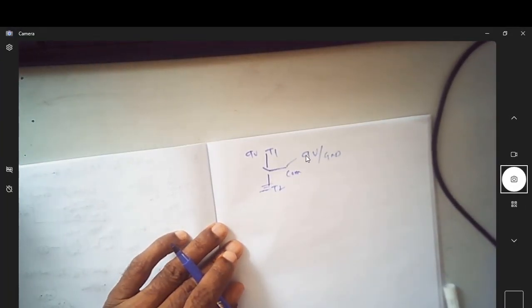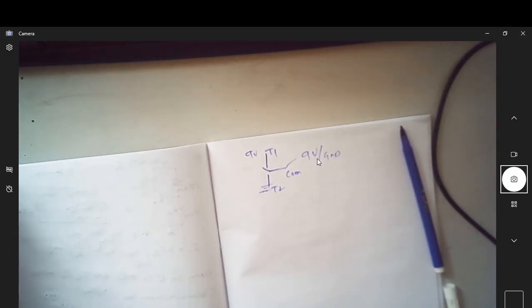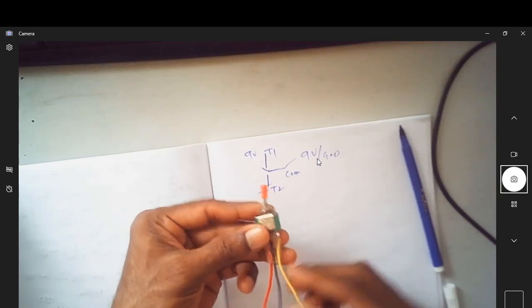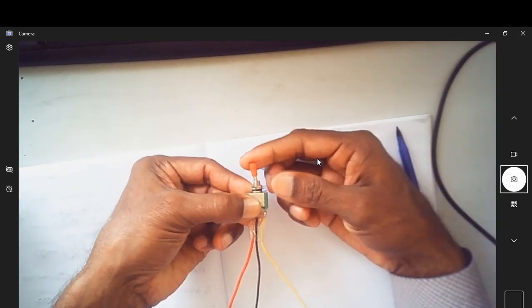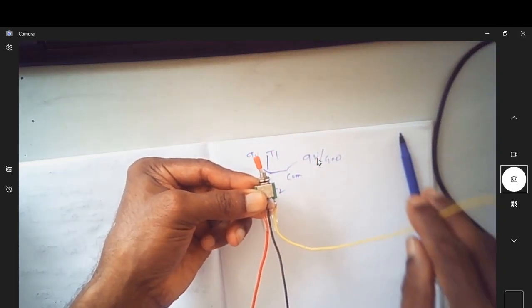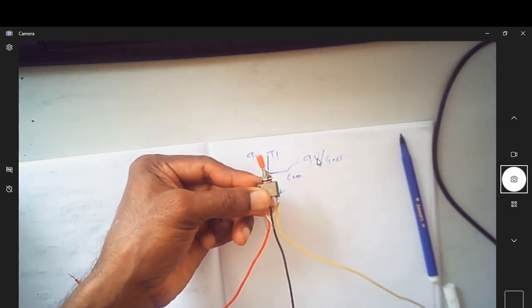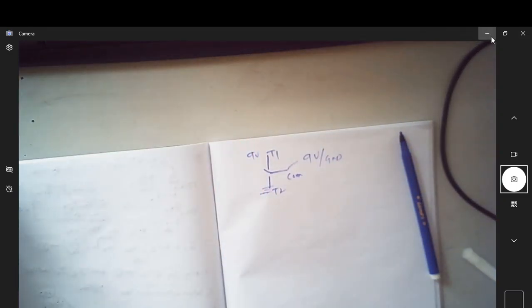If it is connected to terminal 1, it will be 9 volts. So in the lab you can think of using such toggle switches, where you have 3 terminals, and depending on the position of the switch, the common terminal will get terminal 1 voltage or terminal 2 voltage. This is one simple switch.